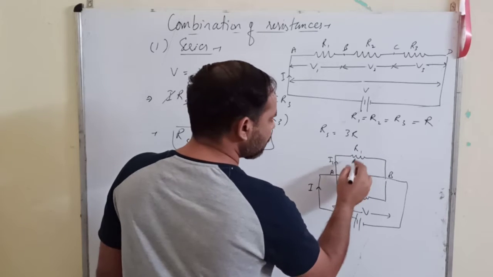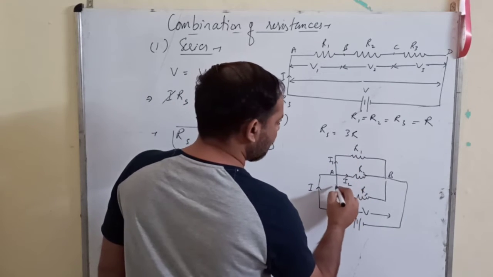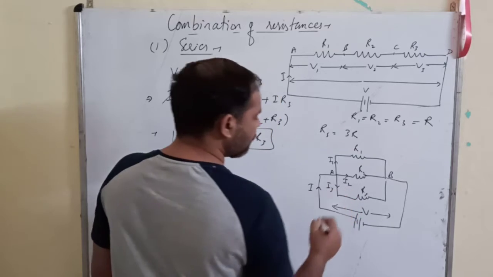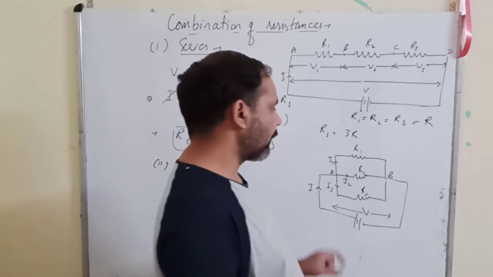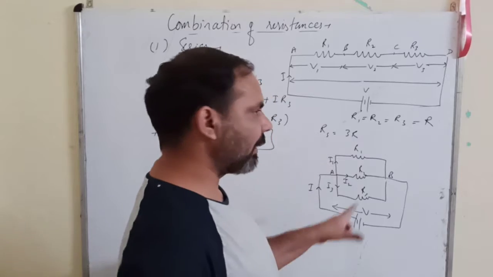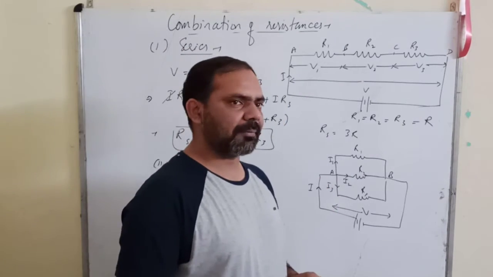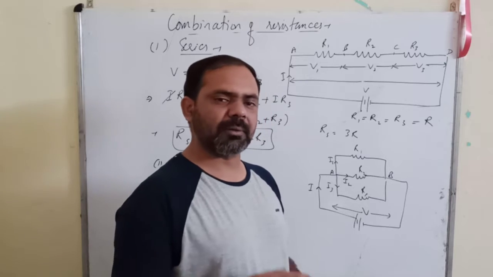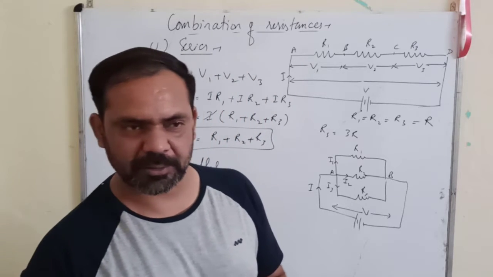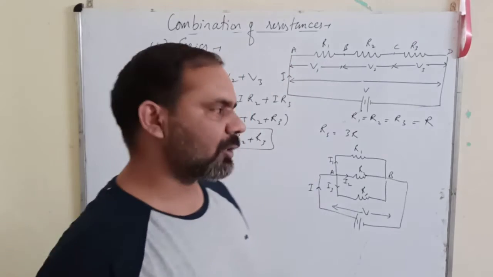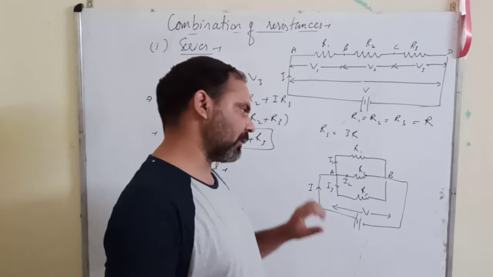Suppose I1 goes to R1, I2 goes to R2 and I3 goes to R3. This is the method of identification of parallel combination: if the division of current is taking place between the resistances, then the resistors are in parallel combination.